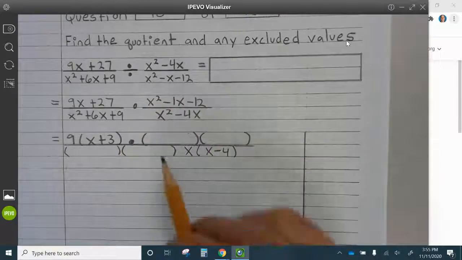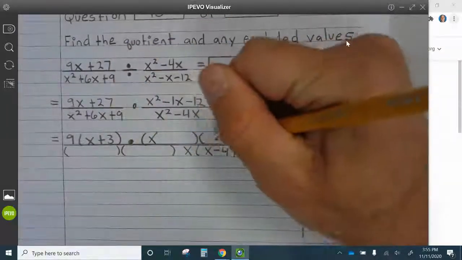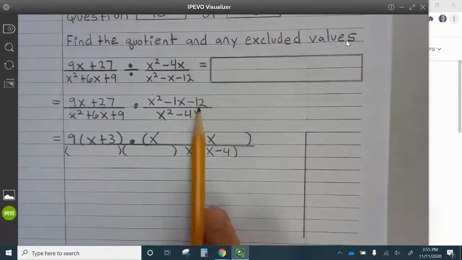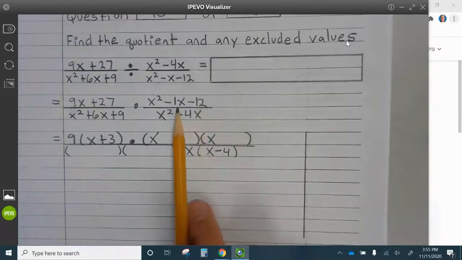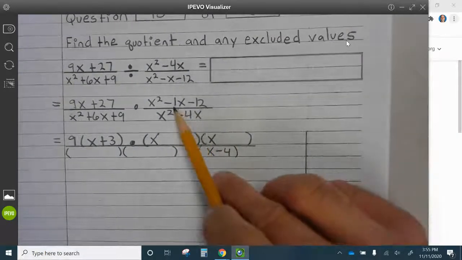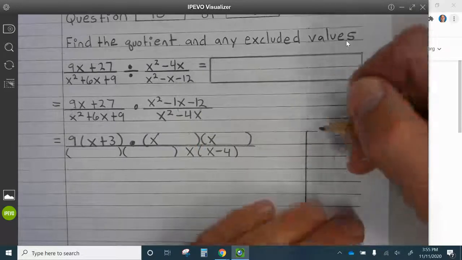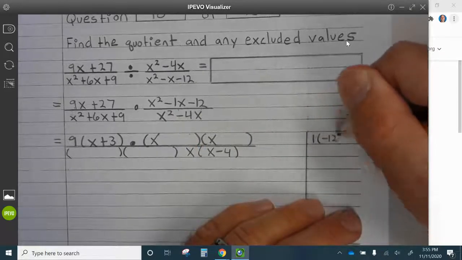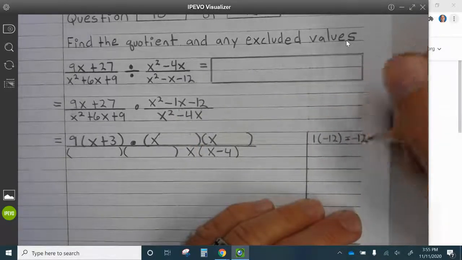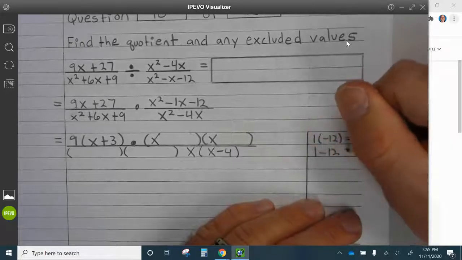All right, so for this, we know x times x is x squared. Now we need to find what numbers multiply to give you negative 12 and combine to be negative 1. Since the middle number is negative, the bigger number has to be negative. So 1 times negative 12 is negative 12. 1 minus 12 is negative 11.